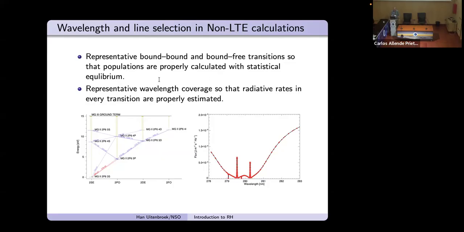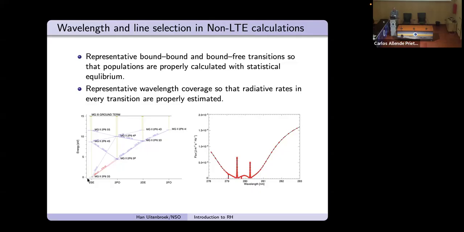And to properly represent the radiative rates, you need to have a good wavelength distribution, where the wavelength grid is dense in the core of the line, so that the line shape, which varies most with wavelength in the line core, is represented properly, and the wavelength grid can be more sparse in the wings of the lines.